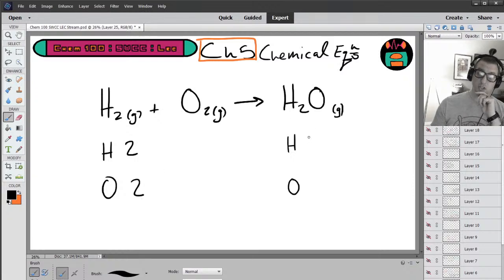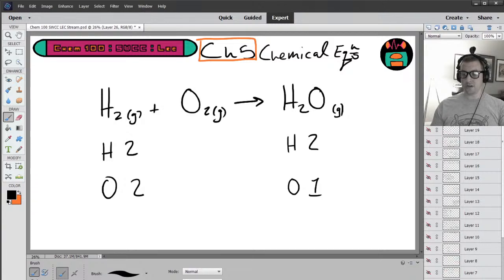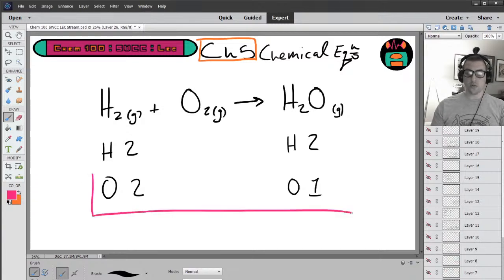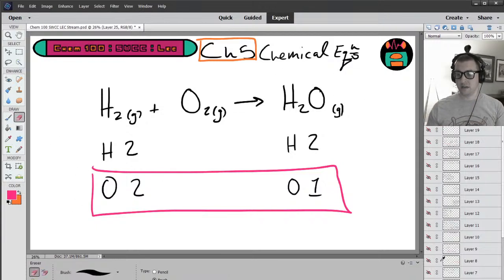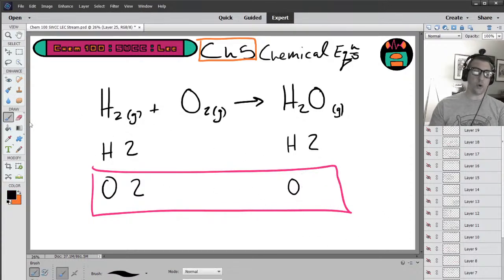On the product side, there are 2 hydrogens and only 1 oxygen. All right, that is what's wrong with this equation. Matter cannot be created or destroyed, but as written, you start with 2 oxygens, you end with 1. Where did the other one go?